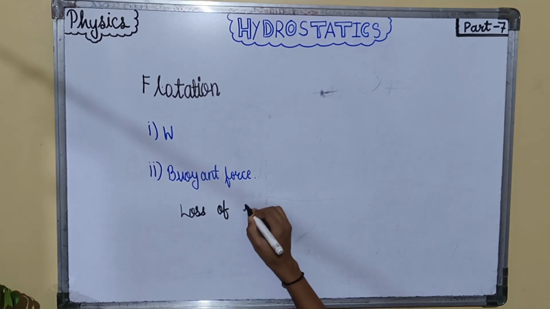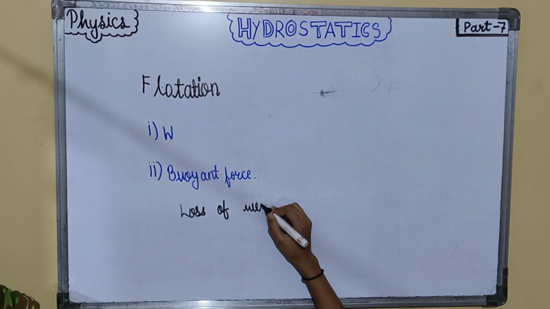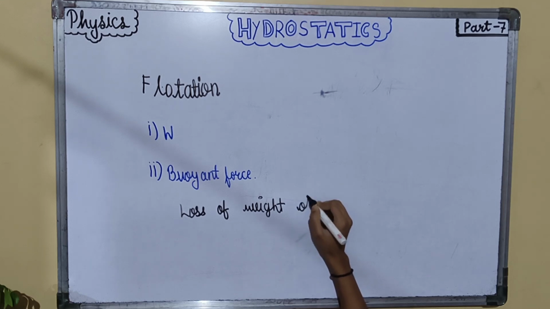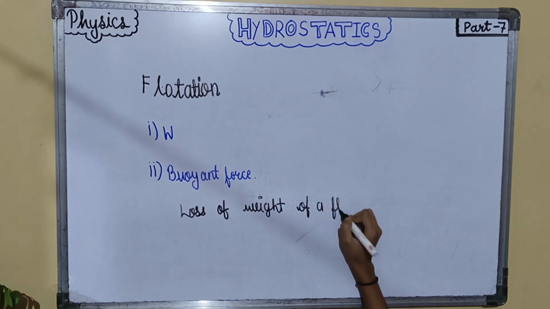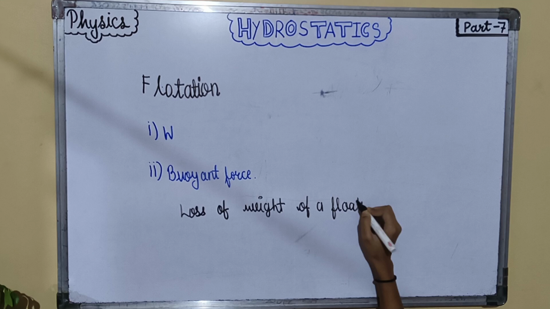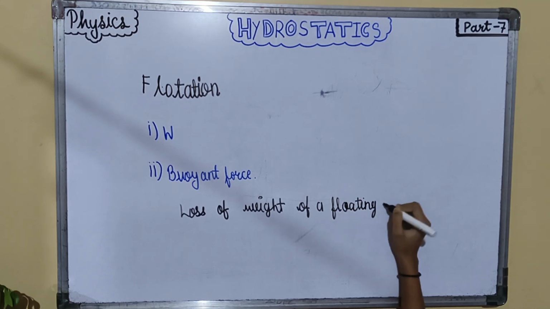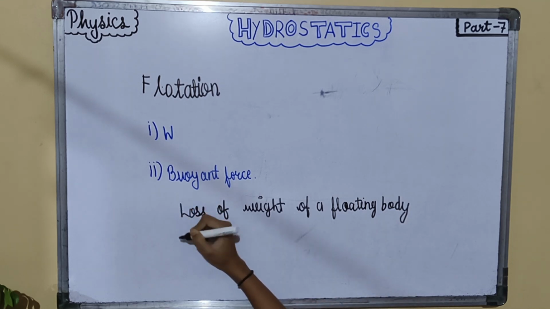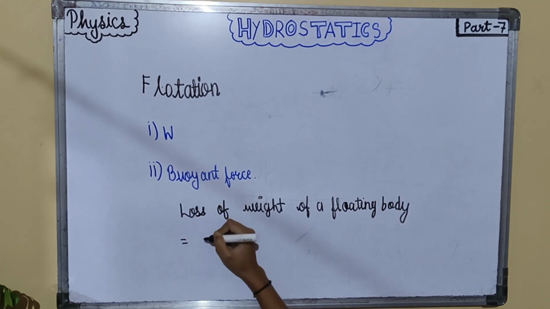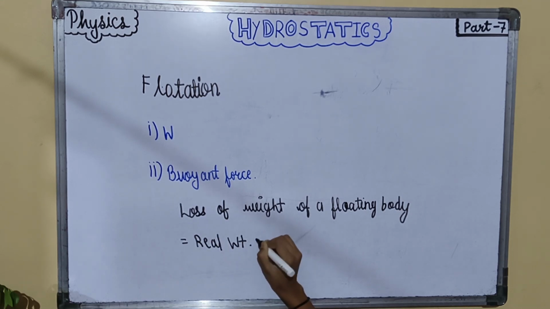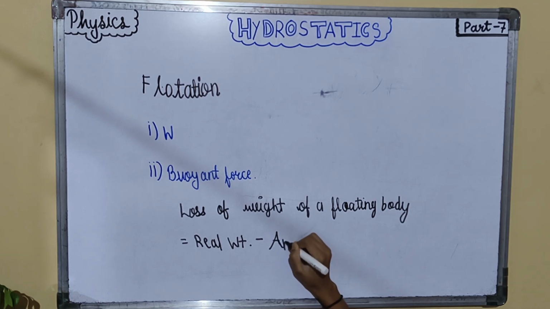Loss of weight of a floating body is real weight minus apparent weight.